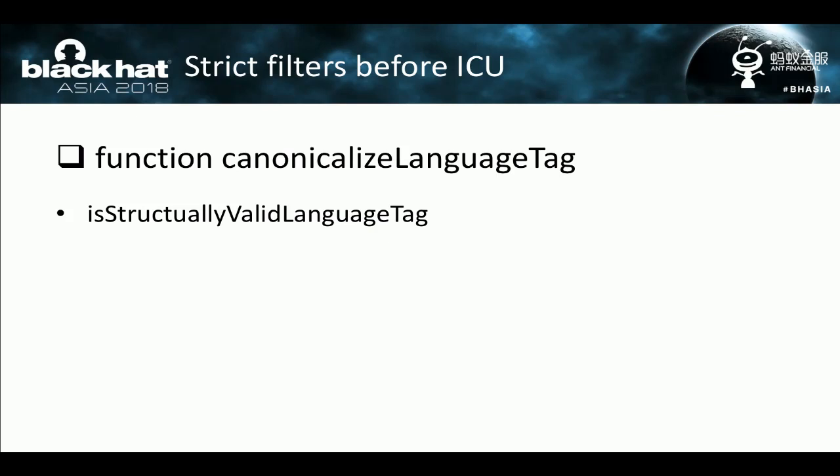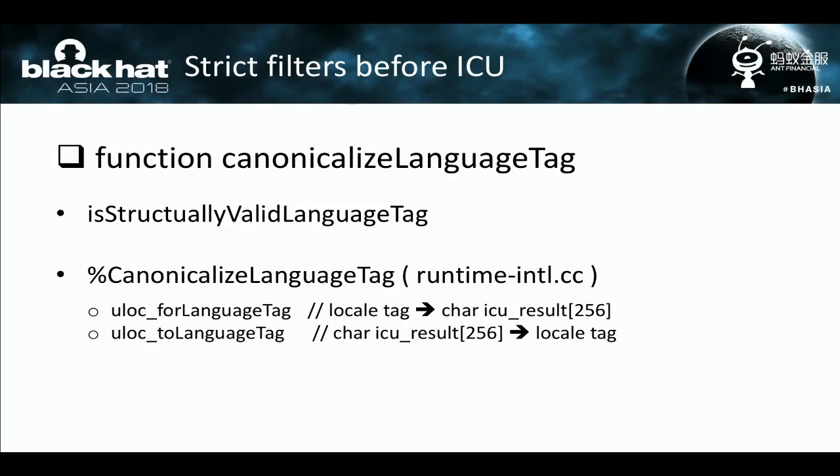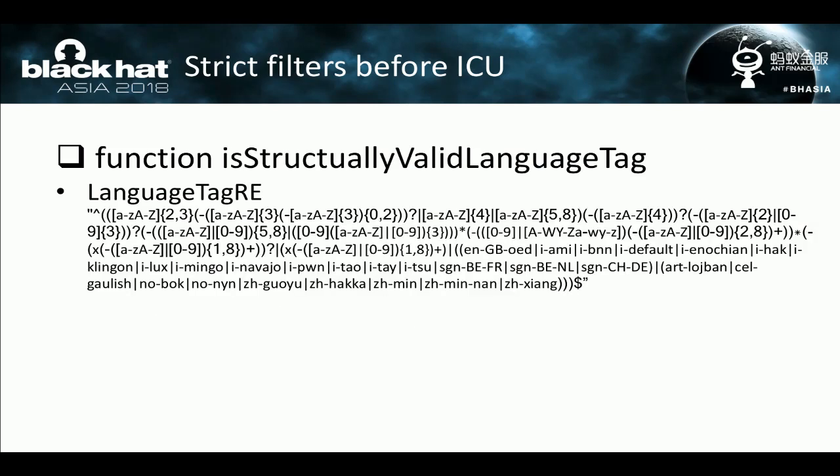Then this function canonicalizeLanguageTag is complex. First, it calls isStructurallyValidLanguageTag. Then our C++ runtime function CanonicalizeLanguageTag is called. It first converts the locale to a 256-length byte array, then converts the array to a locale. If the locale is invalid, this conversion cannot succeed.